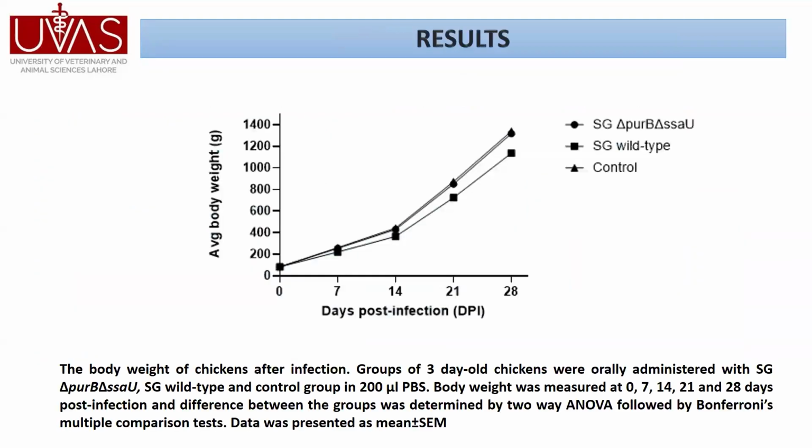You can see over here, first the body weight. Generally, for the control which was not infected and the mutant-treated birds, the body weight remained the same. So the bacteria did not damage anything, and body weight wasn't lost. But with the SG wild type, the surviving animals lost their weight. If you calculate in terms of mortality, the weight loss would be very prominent.